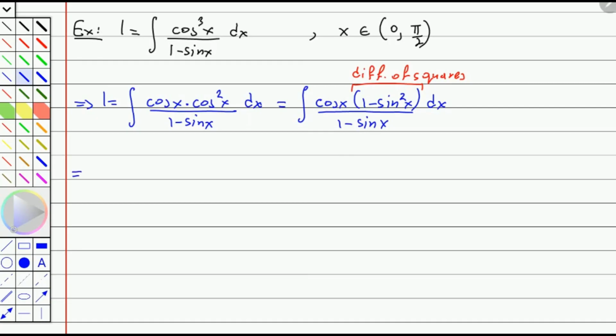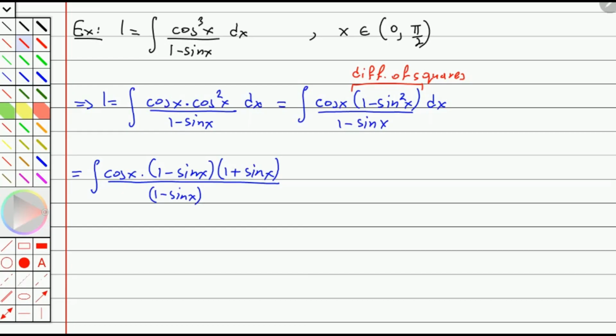So this is equal to the integral of cosine x times (1 minus sine x) times (1 plus sine x) divided by (1 minus sine x), that we can simplify now, 1 over 1, and also times dx. And let's see what we are left with: the integral of cosine x times (1 plus sine x) dx.